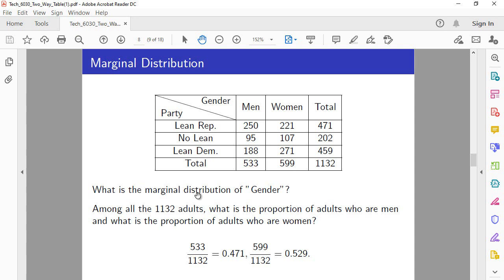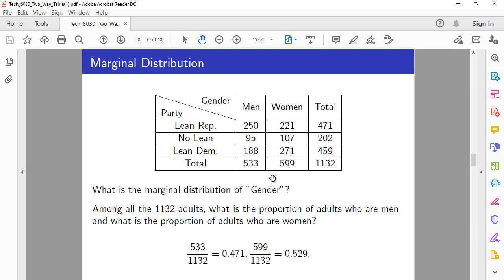So what is the marginal distribution of gender? Each variable has an associated marginal distribution. What do we mean by the marginal distribution of the variable gender? Well, among all the adults, what is the proportion of adults who are men, and what is the proportion of adults who are women?